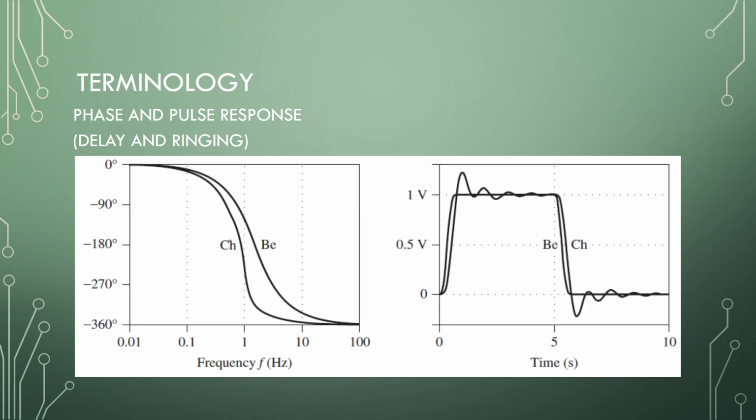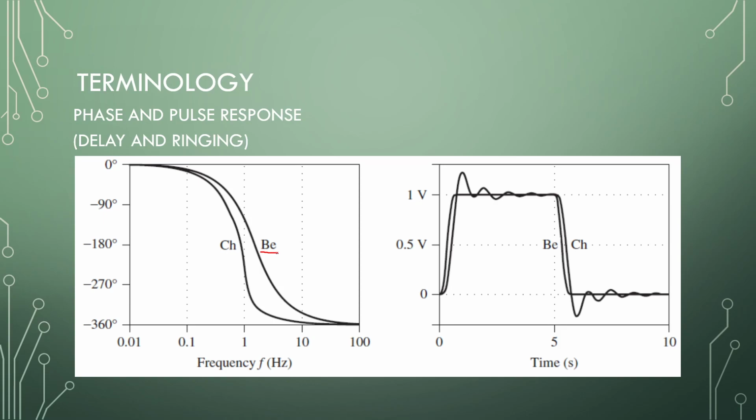The Chebyshev filter has this very strange phase plot right here, and the Bessel has a very smooth phase. This very sharp phase difference for frequencies causes a bit of a time delay in your response and causes ringing in the time domain. Ringing is when you have a bit of oscillation or instability in your filter.